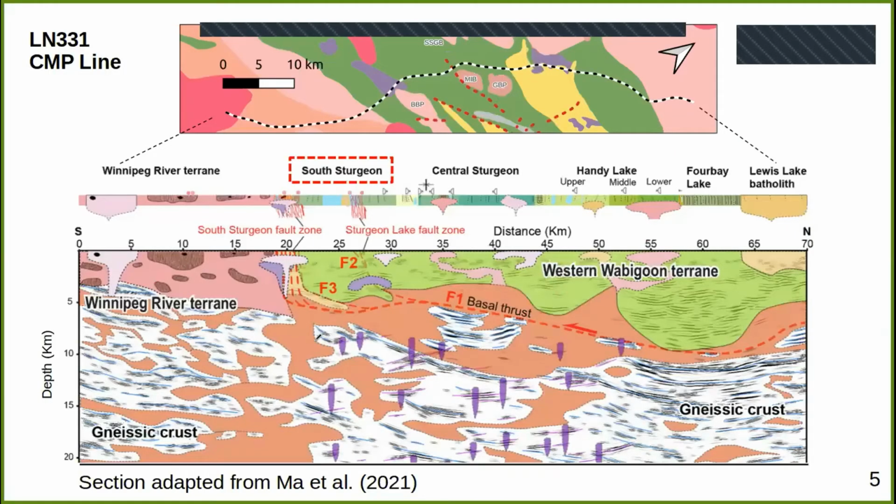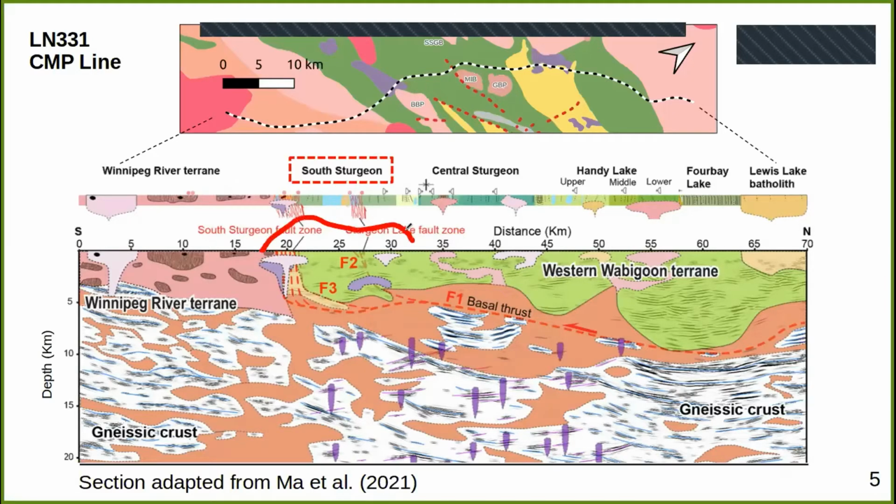I'm now borrowing an image here from one of our colleagues that is providing an interpretation of the reflection seismic section on that line. So on the top is the map, showing the CMP line, which closely approximates our transect, and then down here the section itself. And so this is showing the reflections, and the area that we'll be talking about today is in the South Sturgeon area.